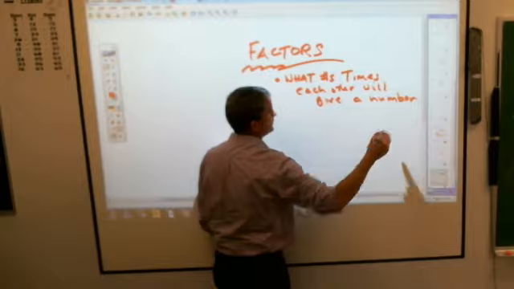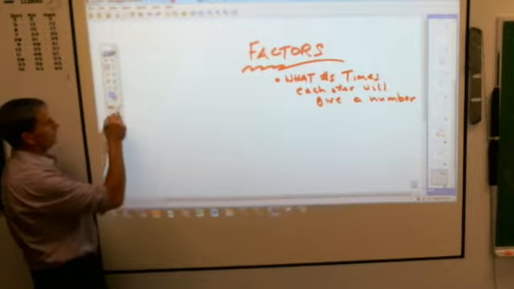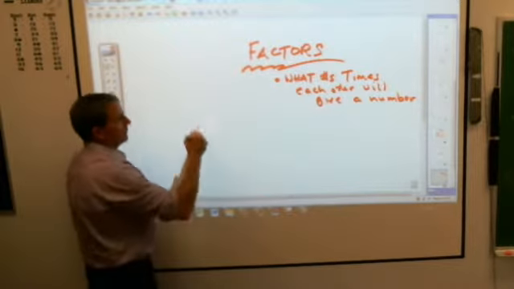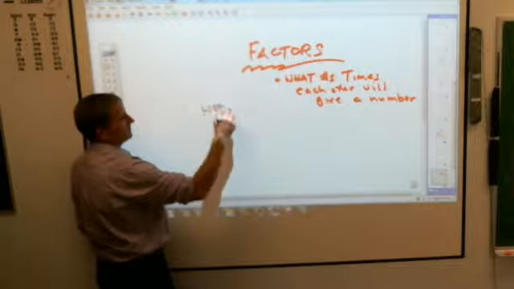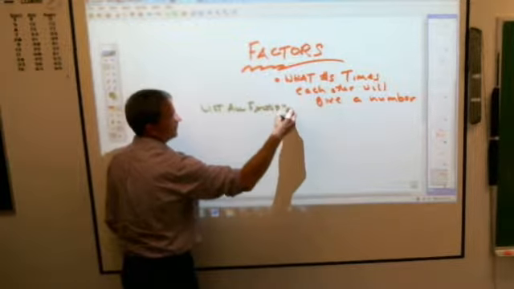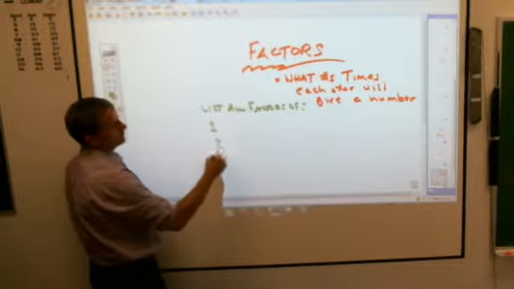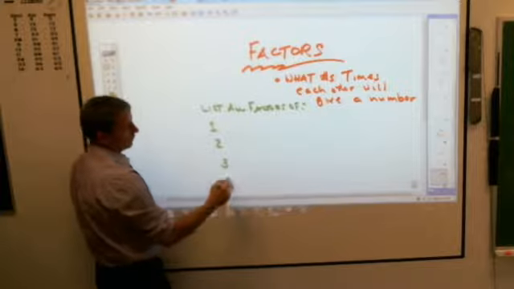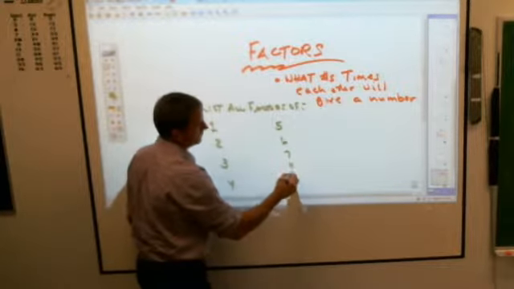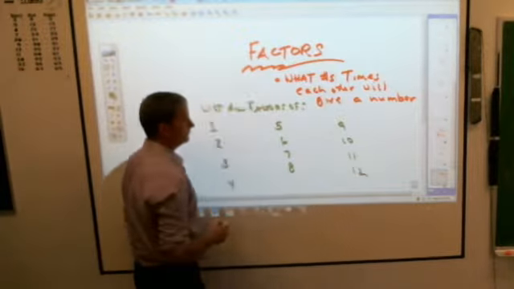It's really much easier if you see it rather than do it there. For example, let's put some numbers down here. Write down, list all factors of, and I'm going to put a little colon because we're going to do a bunch of these. 1, 2, 3, 4, 5, 6, 7, 8, 9, 10, 11, 12.